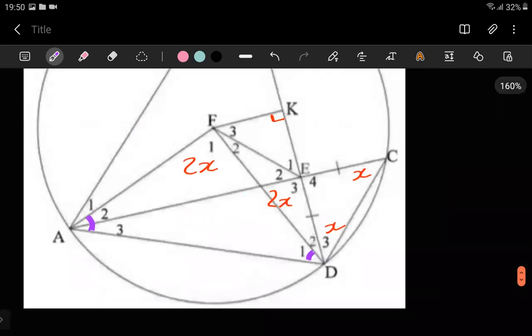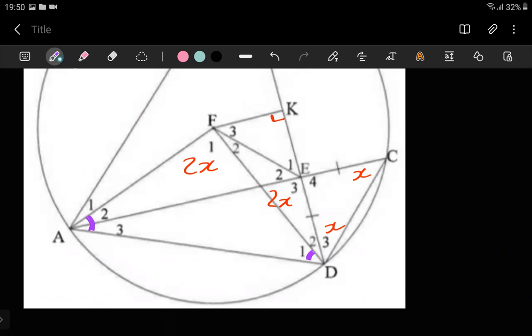The other thing we don't want to sleep on is our newfound information. We're dealing with a cyclic quadrilateral here. I feel like what we just did is useful. Here's why. This is 2X, and these are equal to each other.